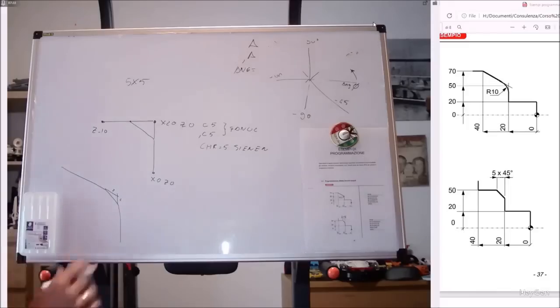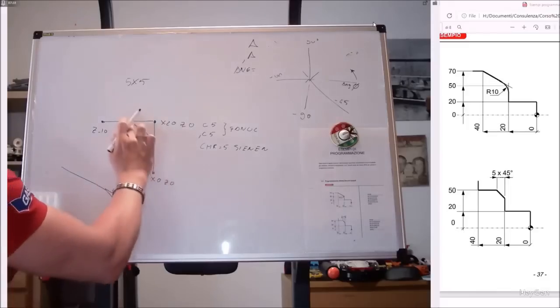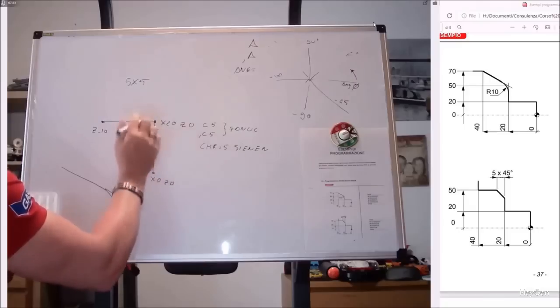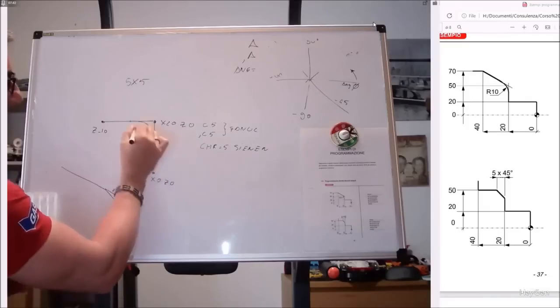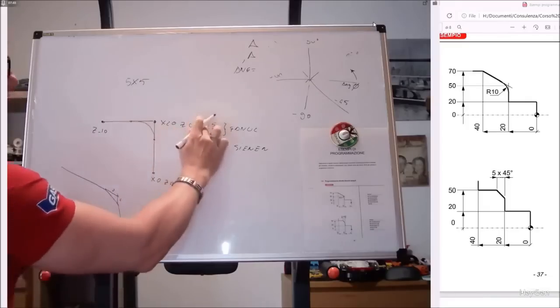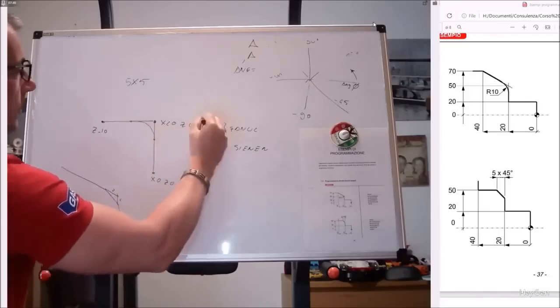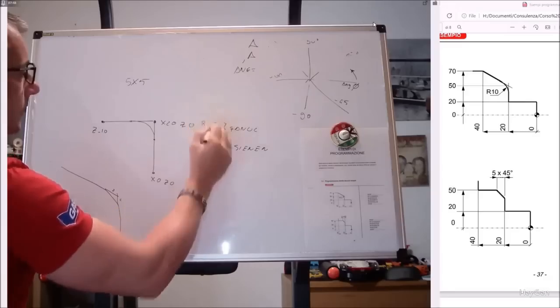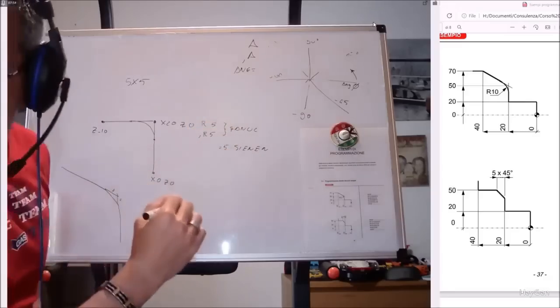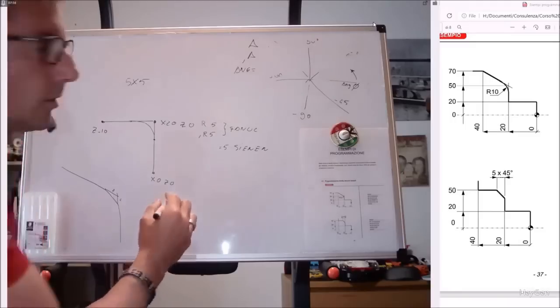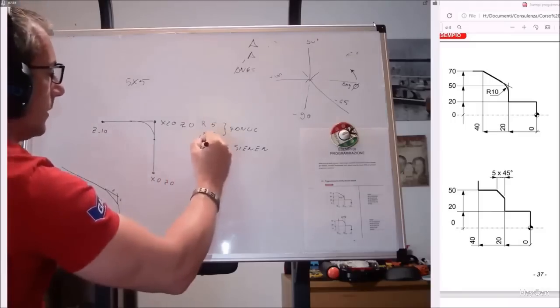We will do some examples. Examples always help. The same discussion applies to a radius with a fillet, a perfectly tangent fillet from the entry point to the exit point. Then we put an R here, and here we put R and D. I need to check because I don't remember Siemens by heart.